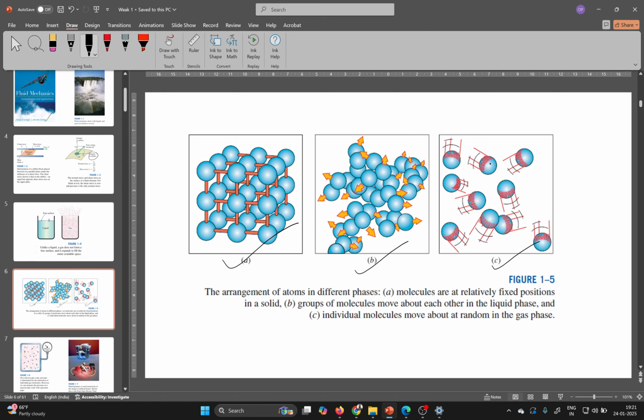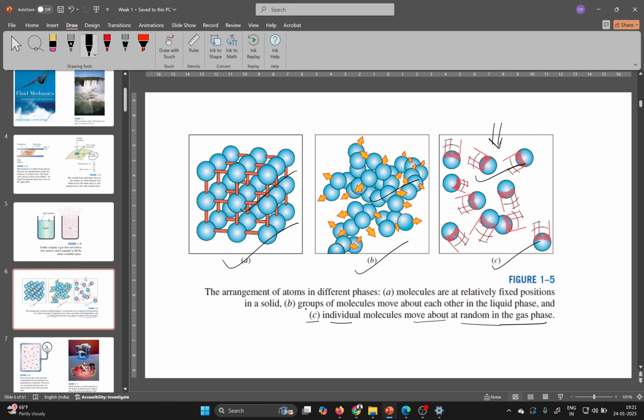You can see the distance between the molecules is more in gas compared to liquid, followed by solid. In gas, the individual molecules move about at random.